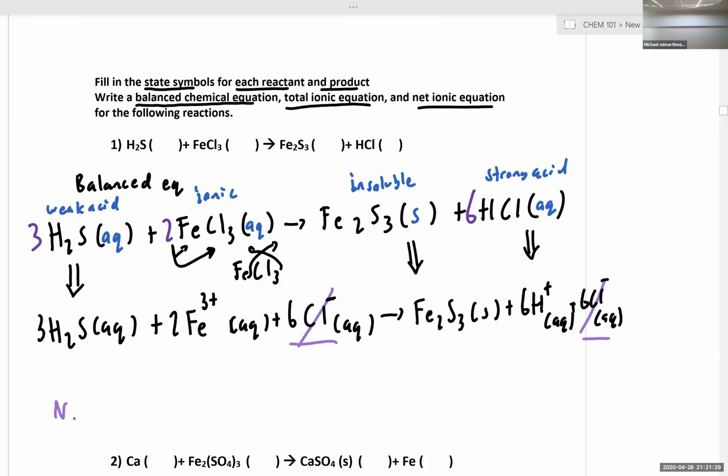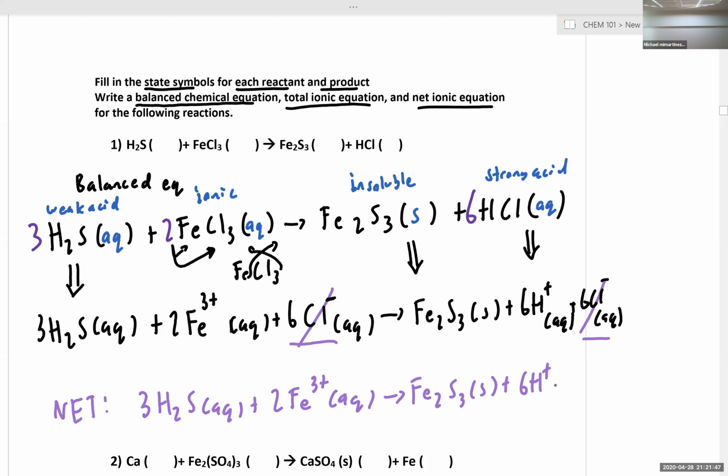And that gives us, for our net equation, 3H2S aqueous plus 2 Fe3 plus aqueous leads to iron 3 sulfide and 6H plus. This lends itself to the idea that some metal ions are quote unquote acidic in character because they can react with certain weak acids to generate a strongly acidic solution.